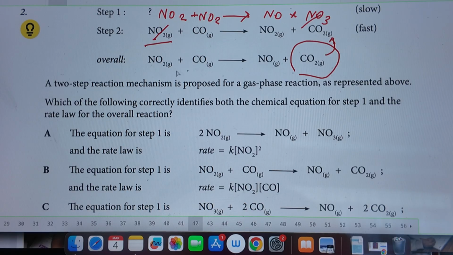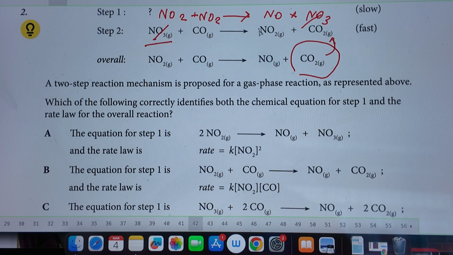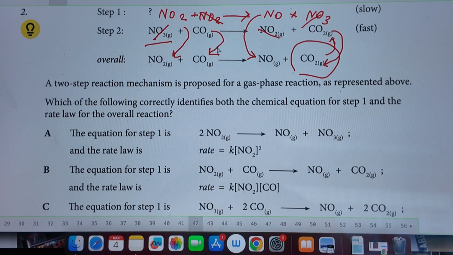And what's left over here is NO2, and this NO2 will probably get canceled. So what's left over is this NO2 ends up here, this CO2 ends up here, this NO2 ends up here, and this carbon monoxide ends up here.